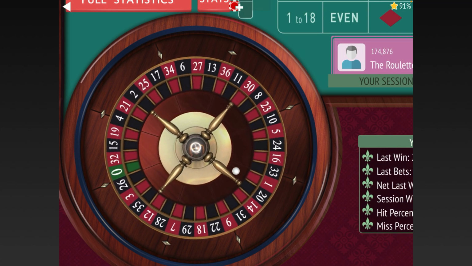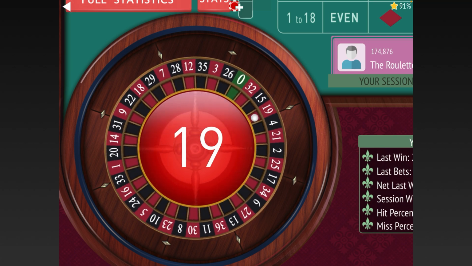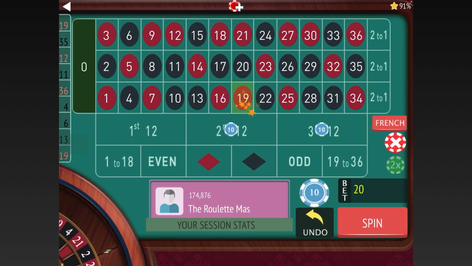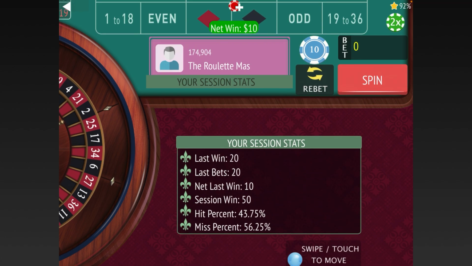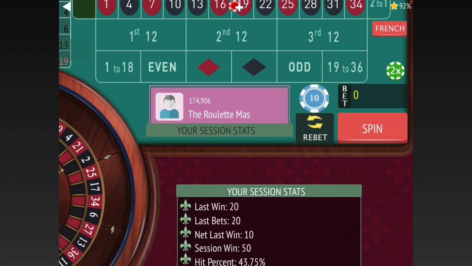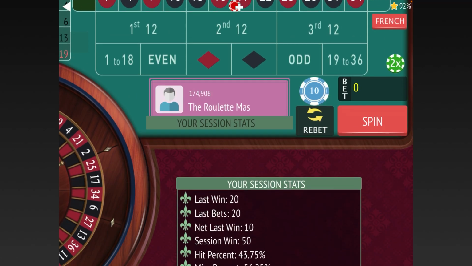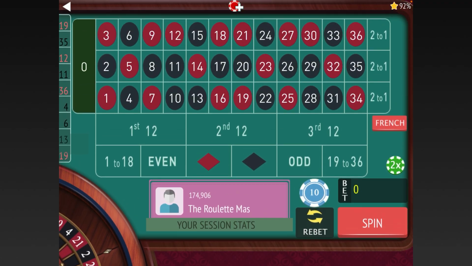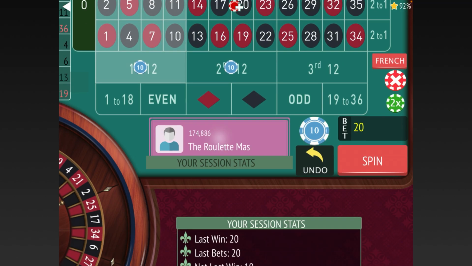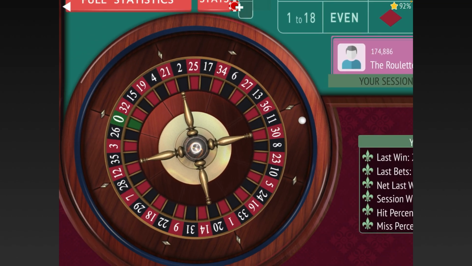Now let's go into the modification. The modification is for when things go bad, which we haven't had yet. We're up $50. But I'll explain what it is in case we don't get there. But right now we're still on $10 bets.